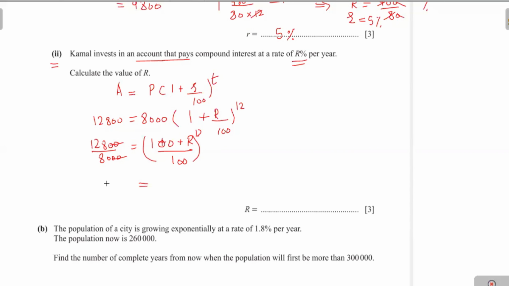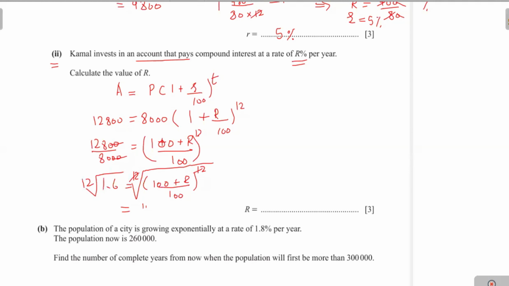We can write 128 over 8, that's equal to 1.6. And this value we can write as (100 plus R over 100) to the power 12. We take the 12th root on both sides, and this 12 will be cancelled.